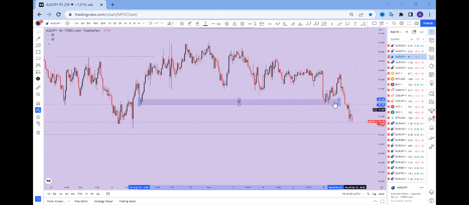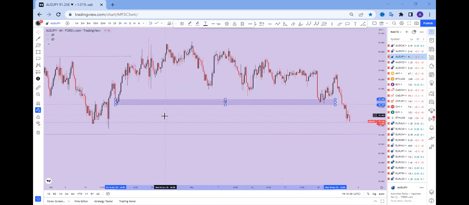So you can see that price has gotten to this order block and reacted already. Which means that on the 4 hours time frame, remember the 4 hours time frame is for trend confirmation.